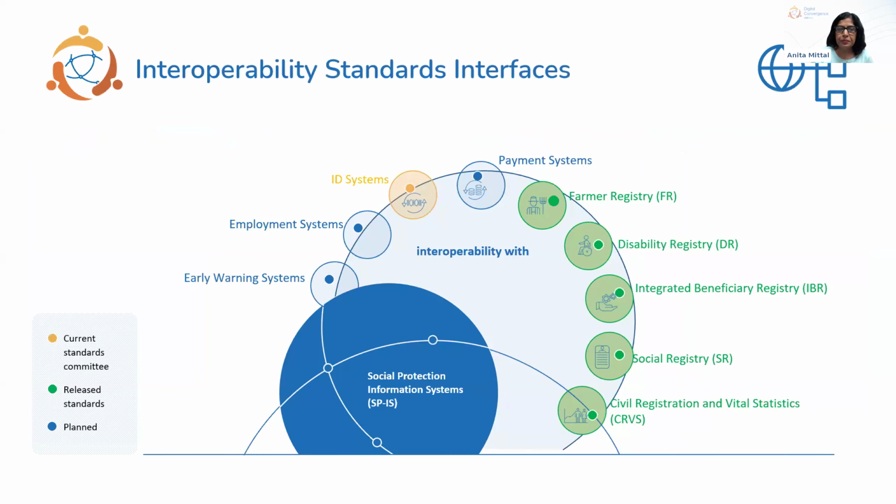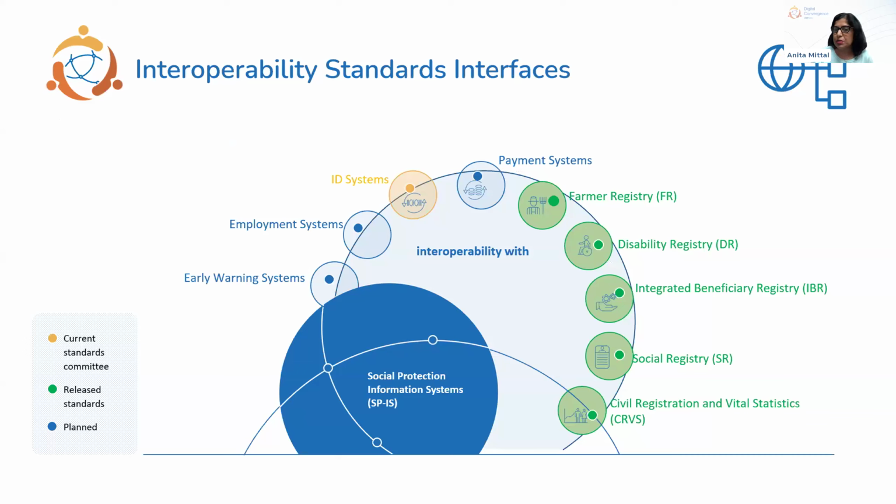Moving on, we have developed standards and released them in our Gitbook and GitHub, open standards available to anyone for use, from 7 interfaces, which you see in green. Sorry, 5 interfaces released, the 6th one, ID systems, is in the works.